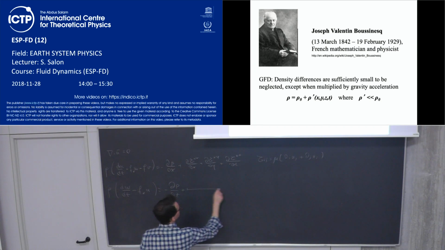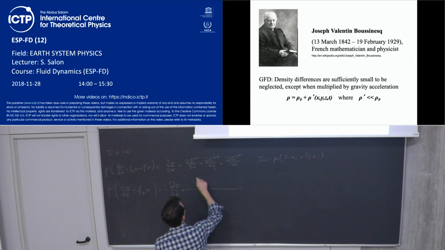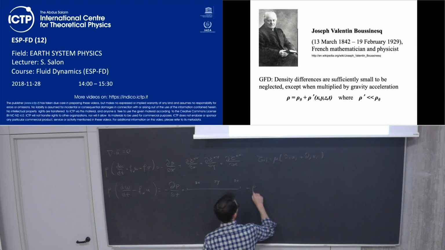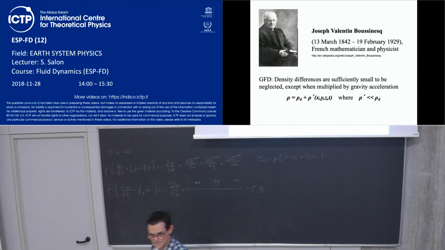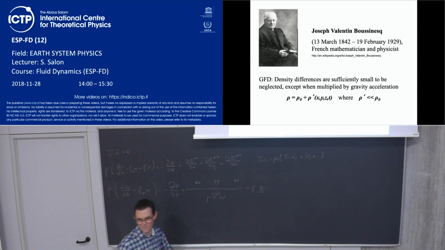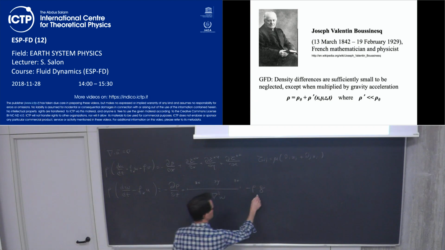Then we have the same thing here, of course, with the zx, zy, and zz. And then we have rho g. Okay? So, for this, I am pretty confident to say that we will obtain exactly the same form as before. Okay? But now we have to take into account this one.